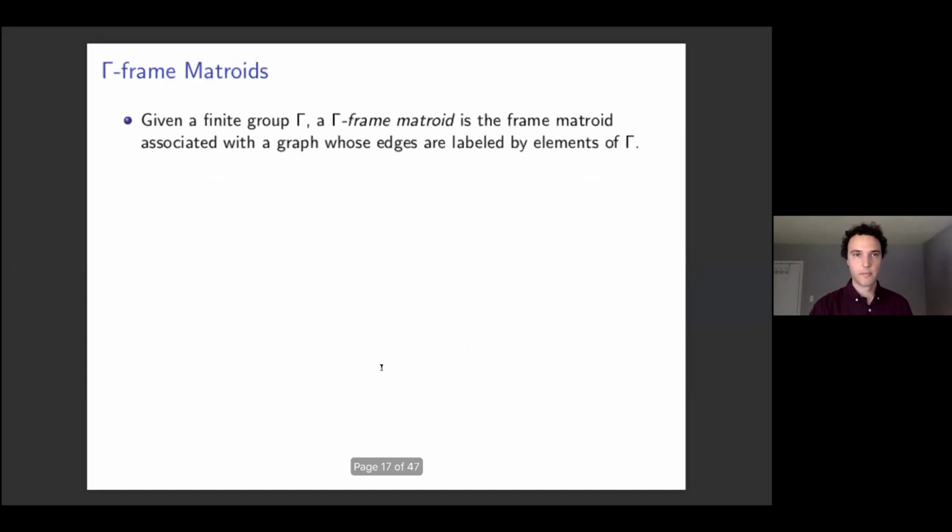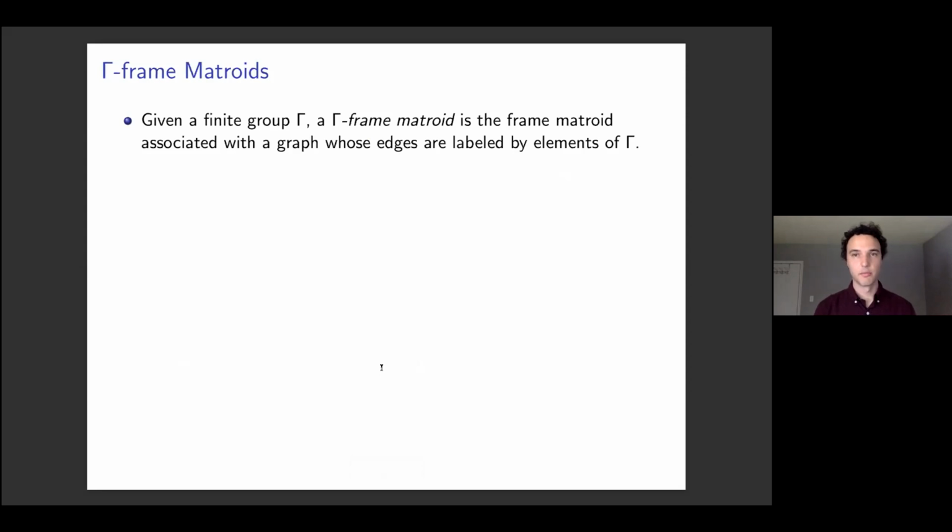The first class is called the gamma frame matroids. Given a finite group gamma, a gamma frame matroid is the frame matroid associated with the graph whose edges are labeled by elements of gamma. We don't need a precise definition for this talk.